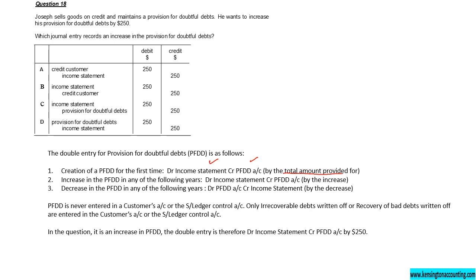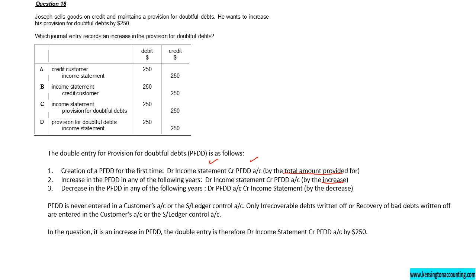For subsequent years, in the event of an increase in the provision for doubtful debts, the accounting entry is the same as the creation. We debit income statement and credit provision for doubtful debts, but only by the increase, not the full amount. In the third scenario, where there's a decrease in the provision, the entry is the reverse of an increase.